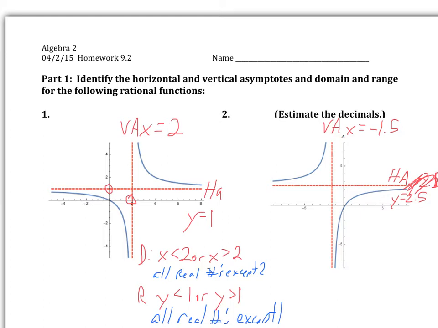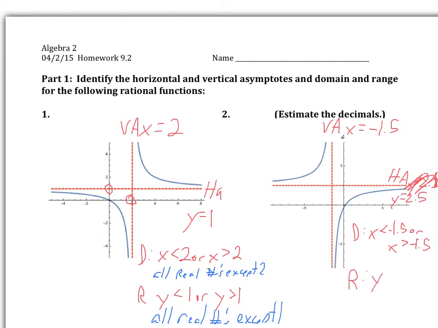So here the domain is all x numbers to the left of negative 1.5. Also all the numbers greater than negative 1.5. Okay, time for the range. That is the y numbers.